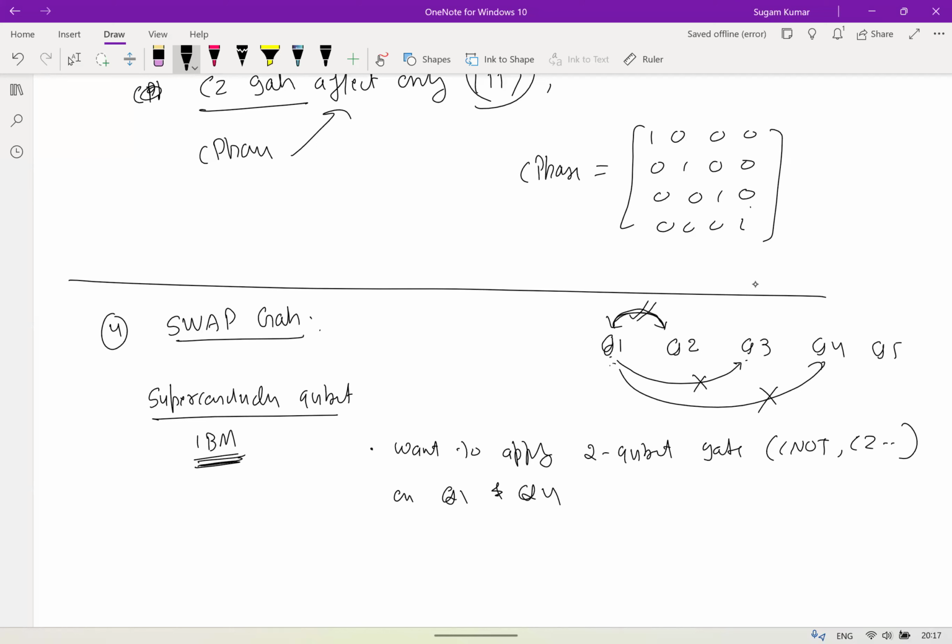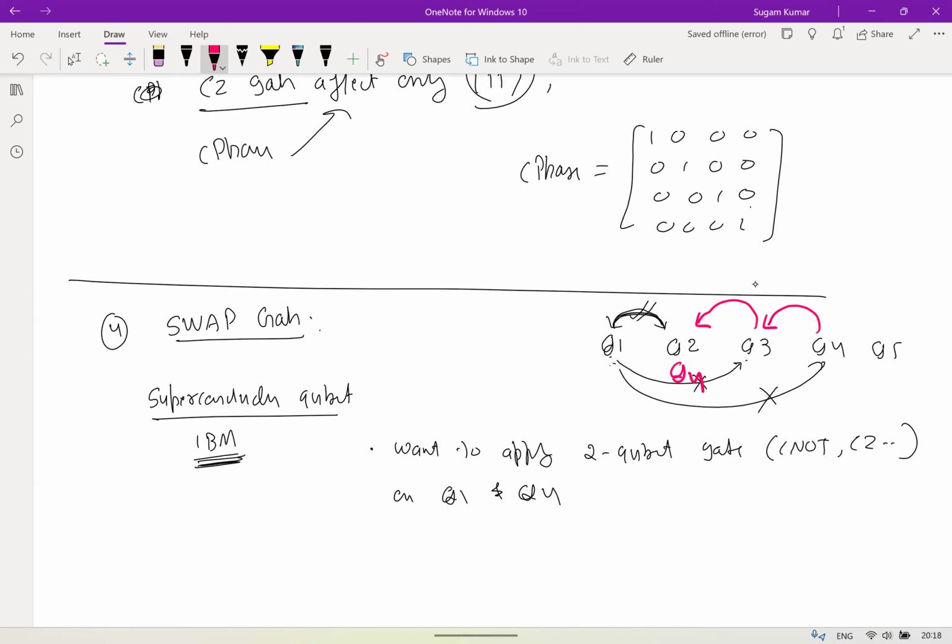So what can we do then? We can swap. I will bring Q4 to Q3 and then Q3 to here. Finally, Q4 will be here, and then I can apply the gate on Q1 and Q2. This is called gate swapping.